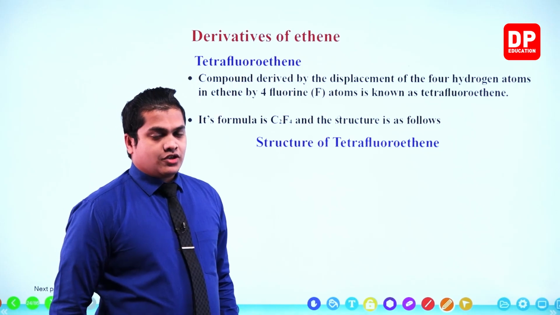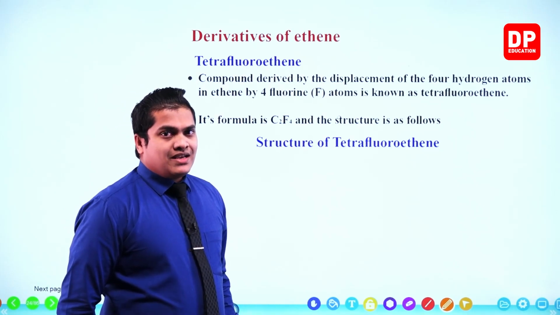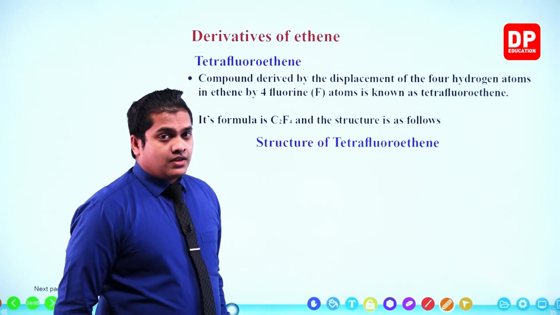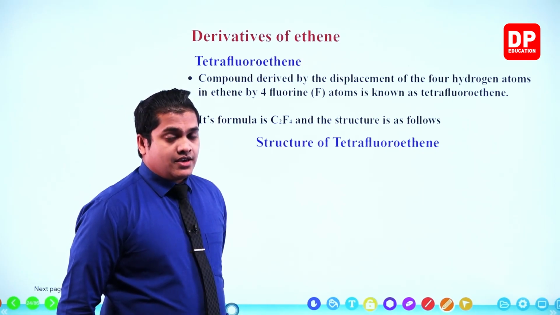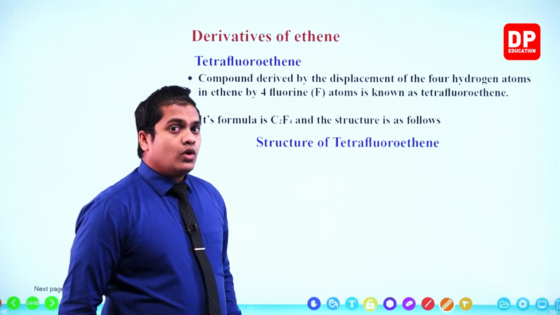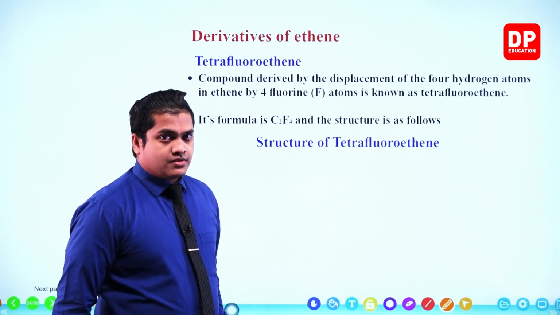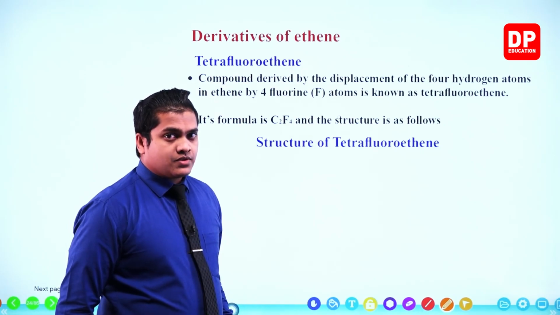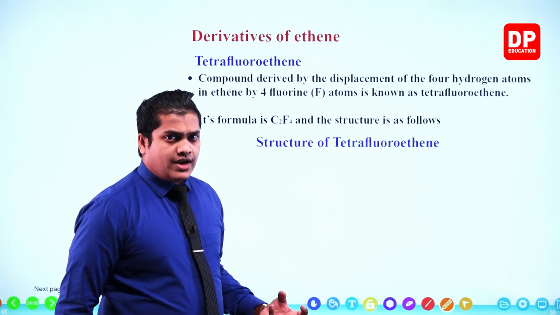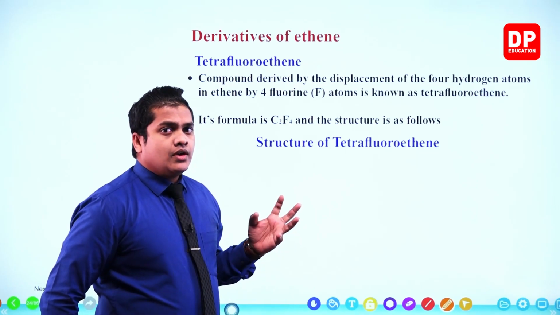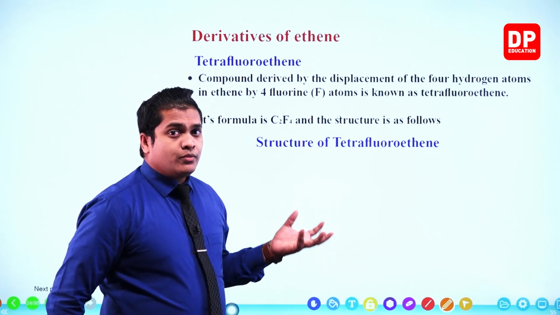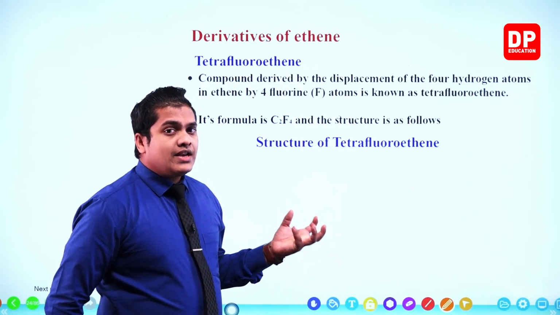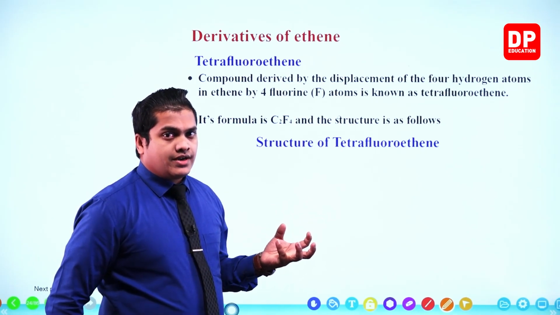Here we are going to displace hydrogen atoms by using fluorine atoms. The specialty here is that we displace all 4 hydrogen atoms. We remove all 4 hydrogen atoms and create fluorine atoms instead of hydrogen atoms.